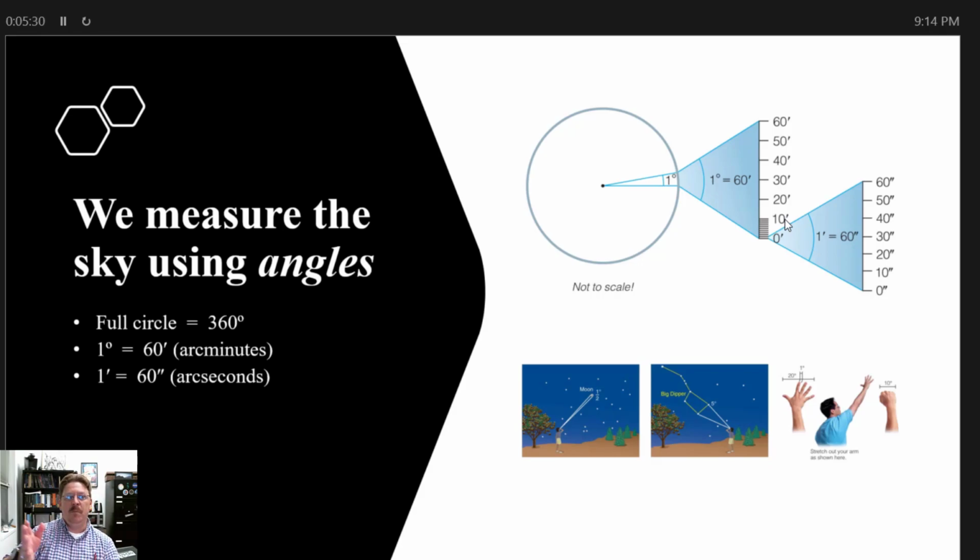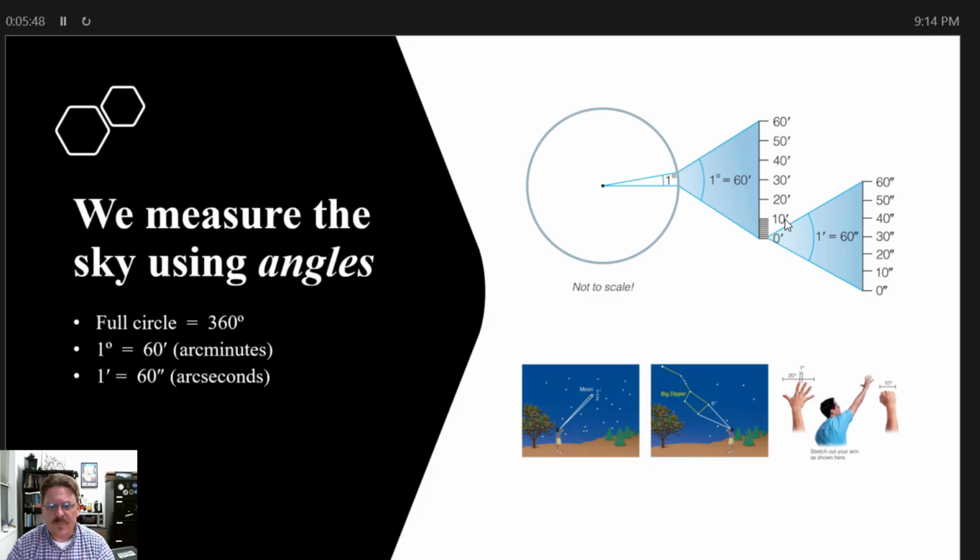A milli-arc second, for example, is 1 arc second split into a million pieces. I don't know why it took me. That's a micro arc second. Sorry, 1,000 pieces. I don't know where my head is today.